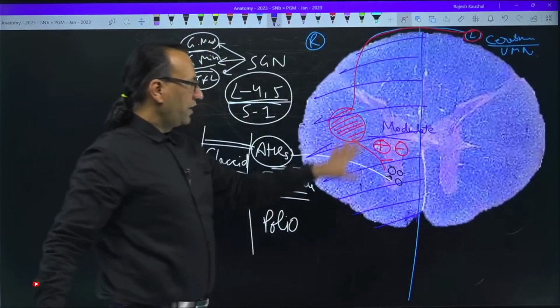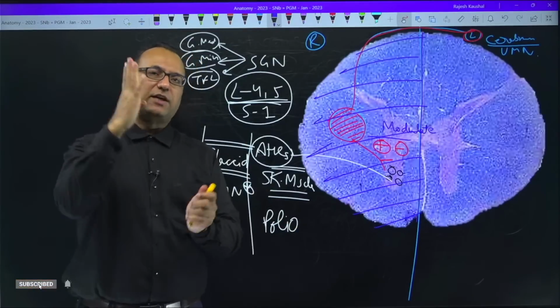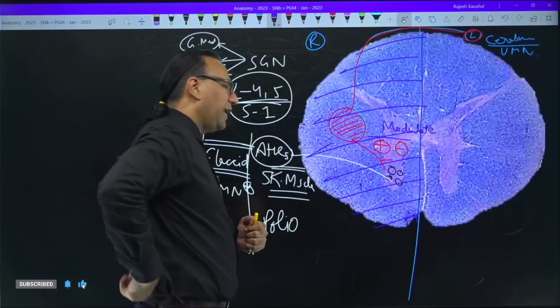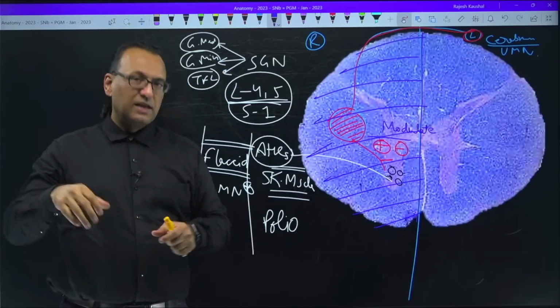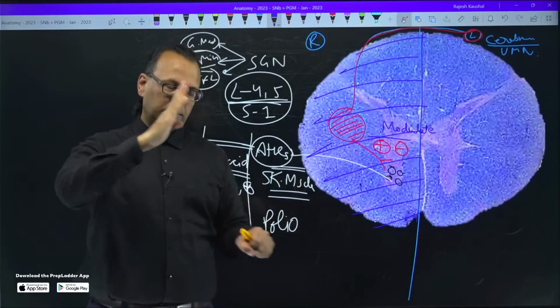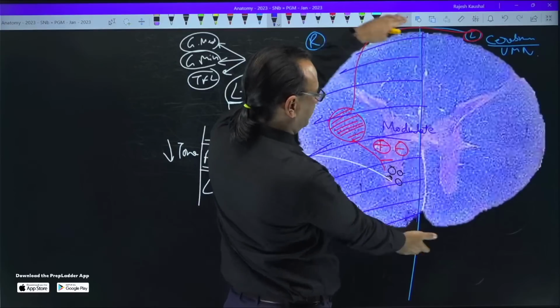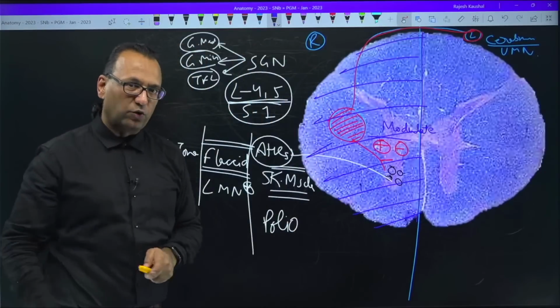In Brown-Séquard syndrome, there is a person on a bike falling, road traffic accident, some sharp object, half of the spinal cord is gone, hemisection of spinal cord.